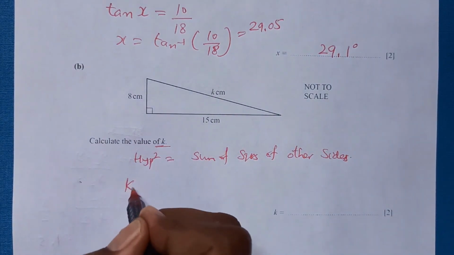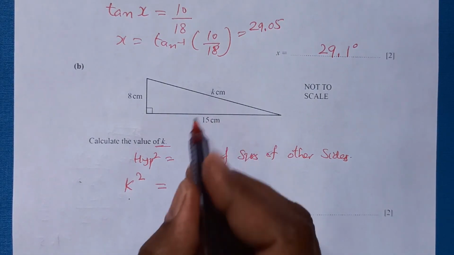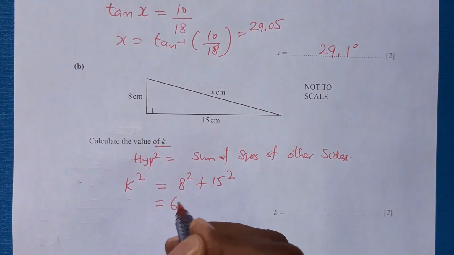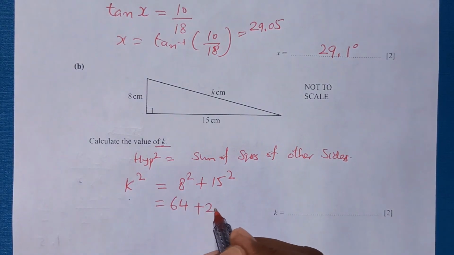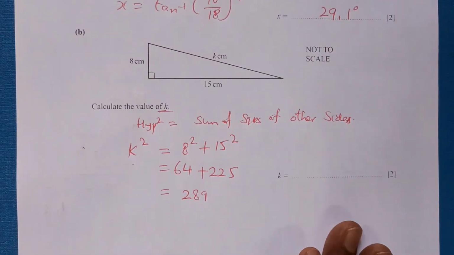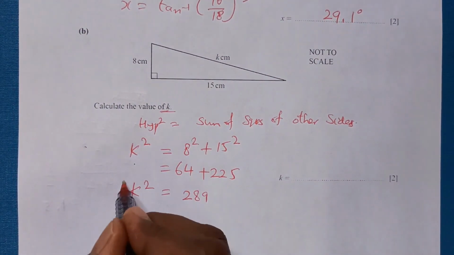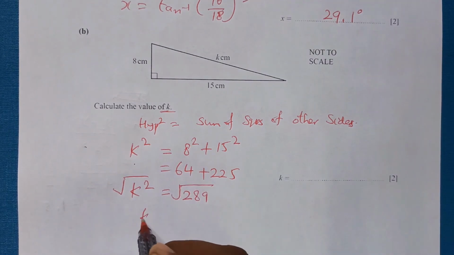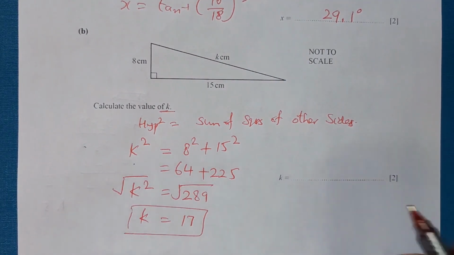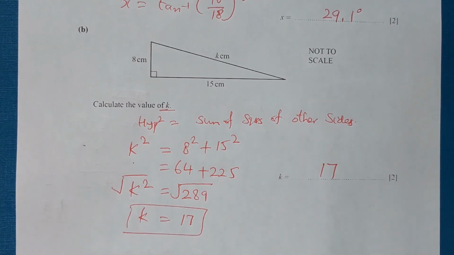That is k squared equals, this is the hypotenuse, 8 squared plus 15 squared. 8 squared is 64, 15 squared is 225. Add them together, you get 289. This is k squared. Now square root both sides. k is the square root of 289, which is 17. So our answer is 17.